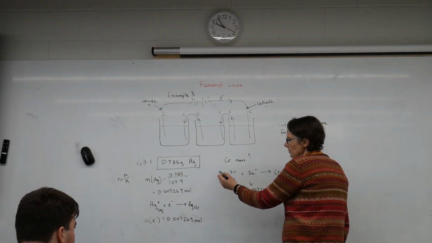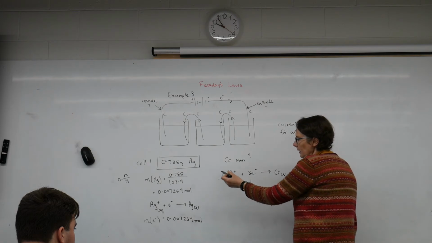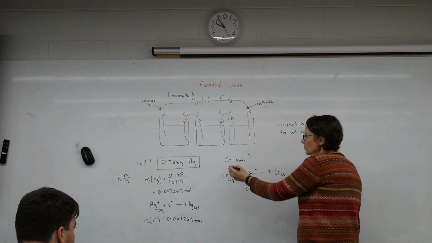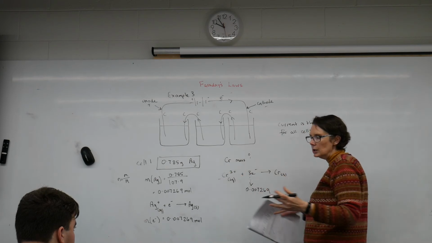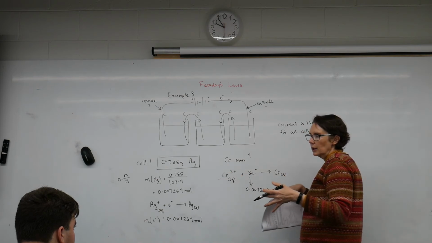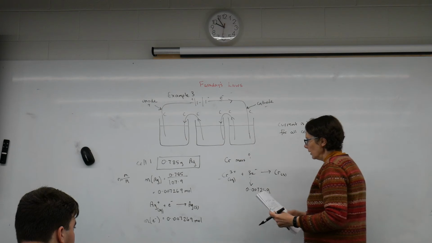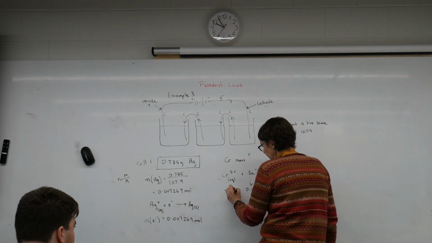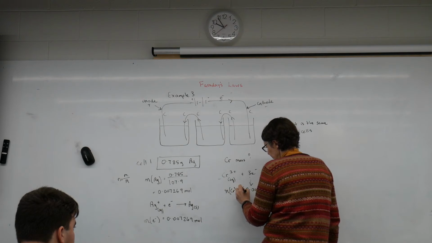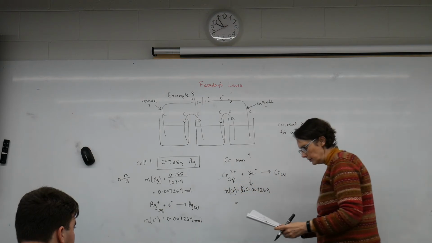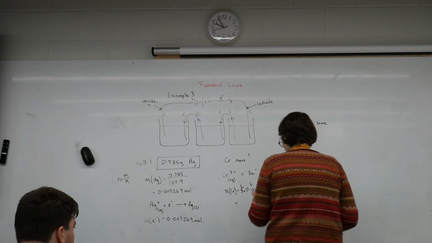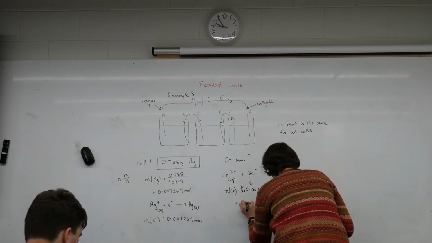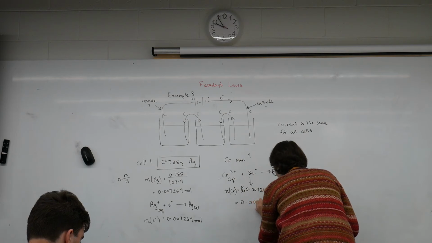If we look, this one's got a 1 that we don't bother writing. It's got to be less than this one. This one needs 3 electrons, so for every atom, it needs 3 electrons. And so we're going to divide by 3, or multiply by a third, it's the same thing. 0.002423 moles.